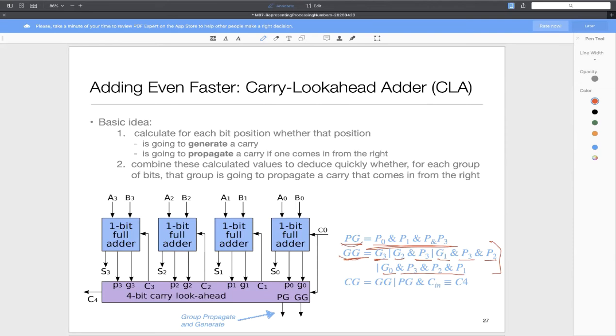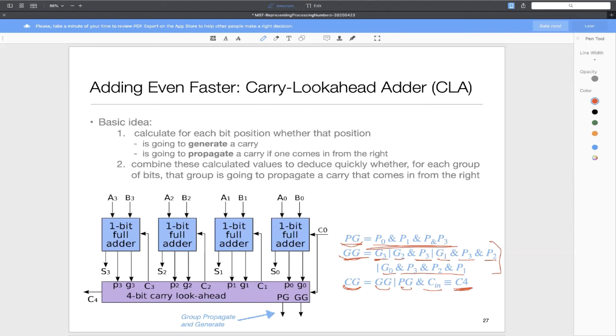And then finally you can compute carry out is group generate or group propagate and carry in, which is actually the same as C4. The basic thing here with this generate propagate mindset is that my carry out is 1 if I am generating, and carry out is also 1 if I propagate and the carry coming into me was 1, right?